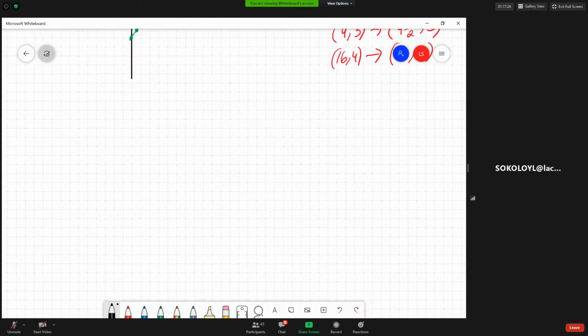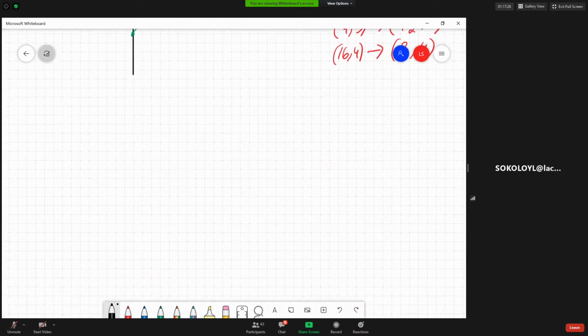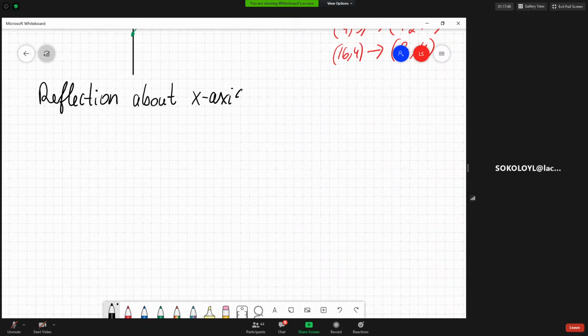So the last two types of transformations are reflections. Let's try this again. Reflection. And we'll first do reflection about the x-axis. And we're going to say y equals negative f of x is the reflection around the x-axis.